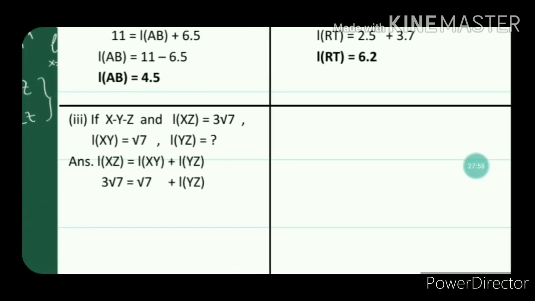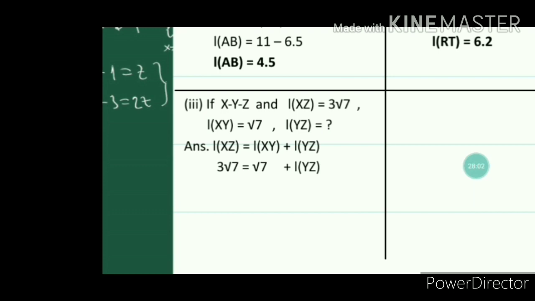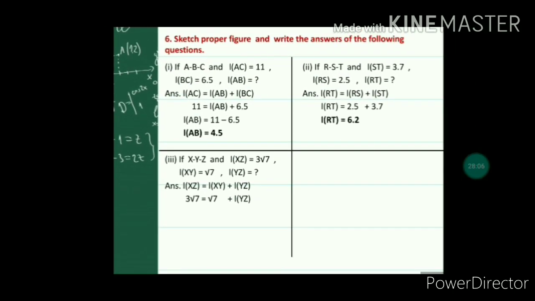Put the value. 3 root 7 is equal to root 7 plus length of YZ. Length of YZ is equal to 3 root 7 minus root 7. Therefore, length of YZ is equal to 2 root 7.